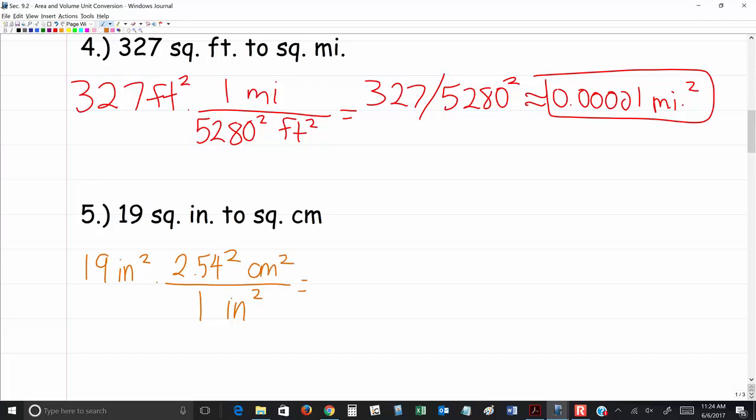So I have to multiply 19 times 2.54 squared. So 122.5804 square centimeters.